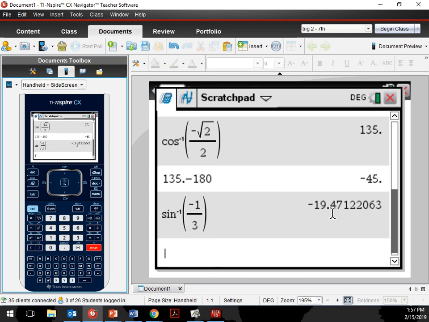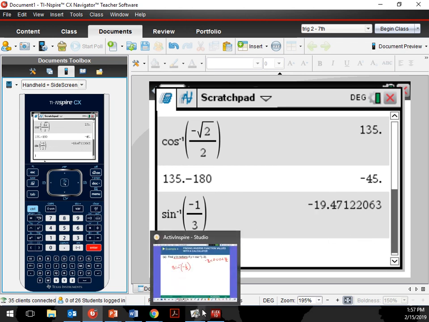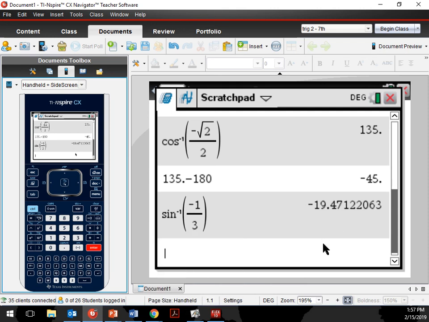That's why. It's nowhere on my unit circle, so that's where I get that from. Is there a 1/3 on your unit circle? No. It's all ones, zeros, 1/2s, rad 3/2, or rad 2/2. That's all you have with your unit circles.